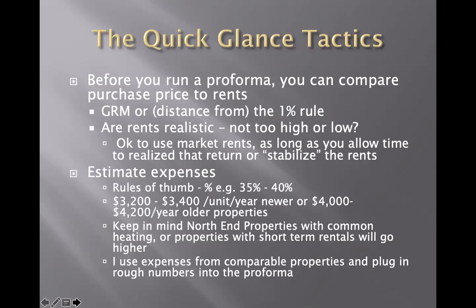Or you could do for a newer property, $3,200 to $3,400 per unit per year. And if it's an older property that's standard, $4,000 to $4,200 per unit per year. Things like common heat that you'll find in some of the older properties, one heat source, like in the example we're using, that'll affect it. Or if there's a short-term rental in there, those expenses will be higher as well.